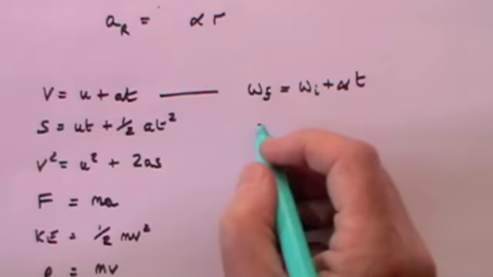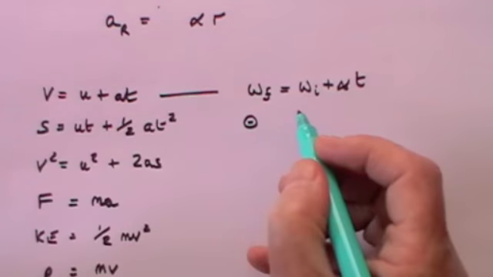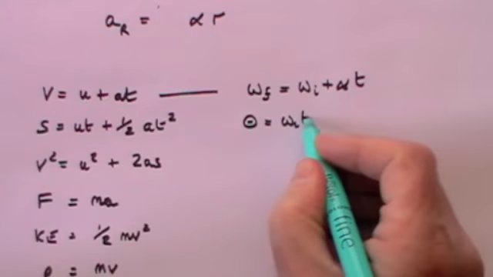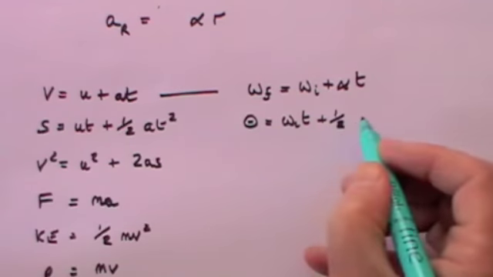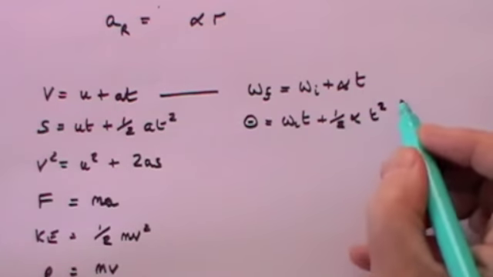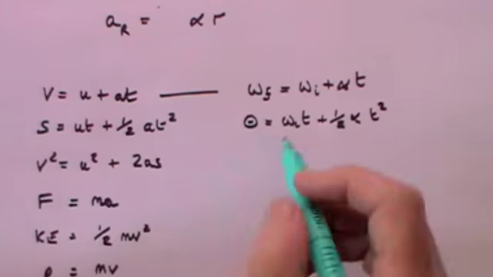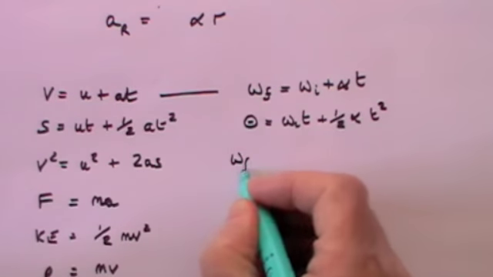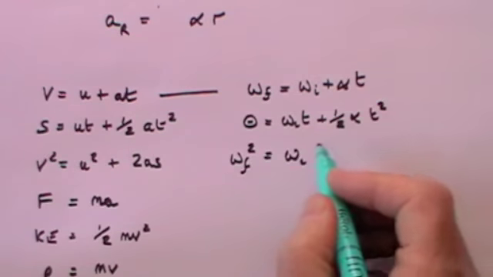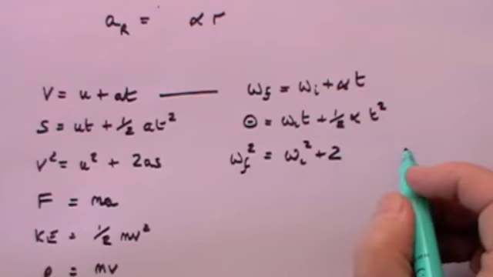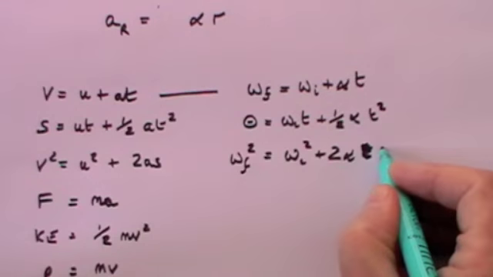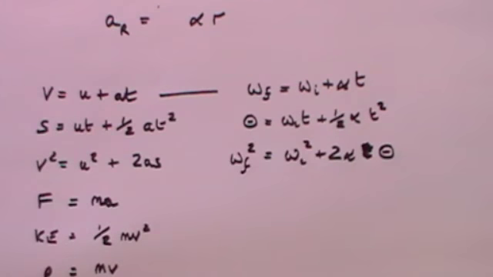This one becomes that the change in angle, theta, is equal to the initial angular velocity times time plus a half the angular acceleration times time squared. And this one becomes that the final angular velocity squared is equal to the initial angular velocity squared plus 2 times the angular acceleration times theta, the change in angle.